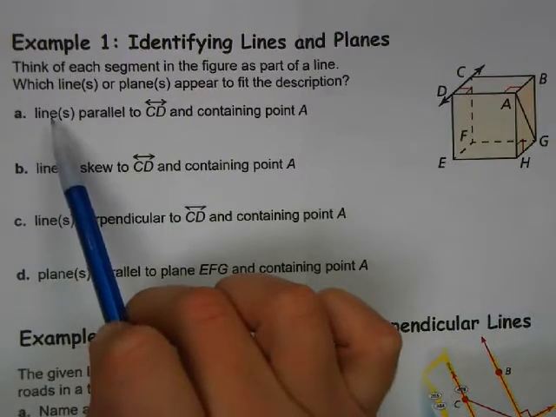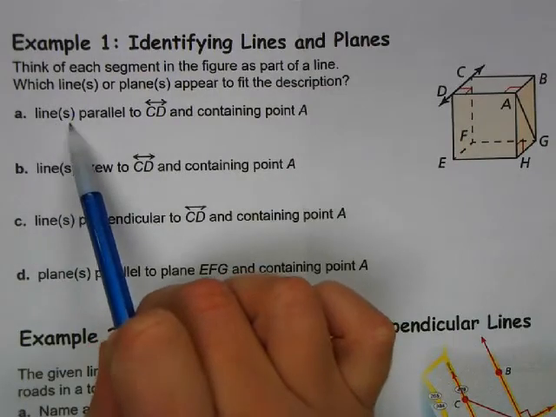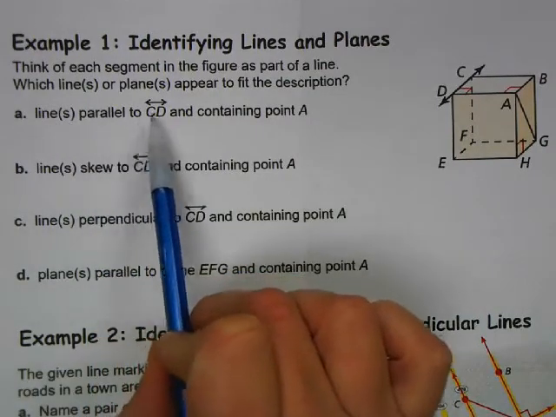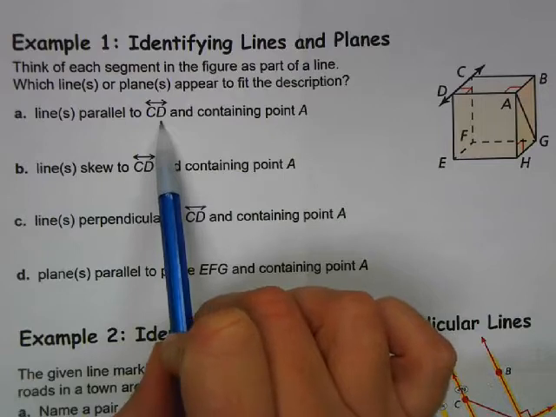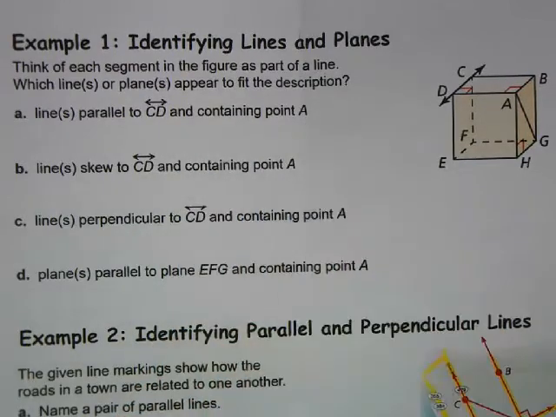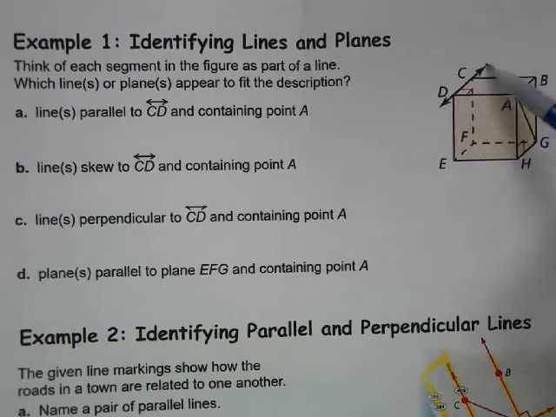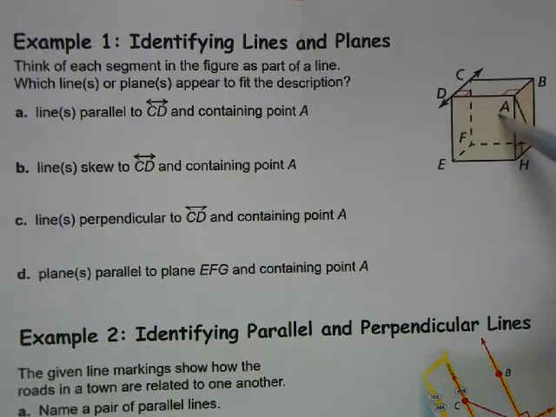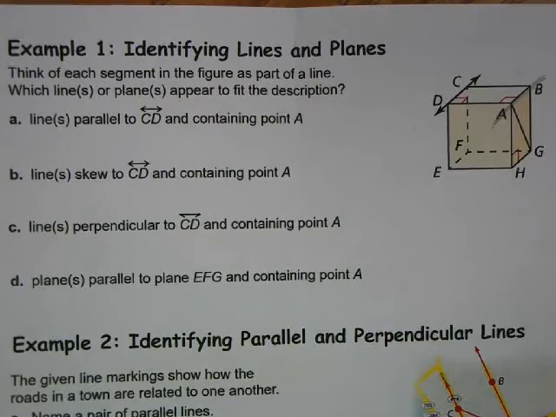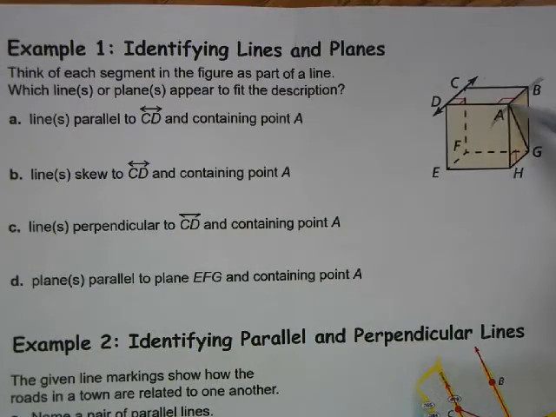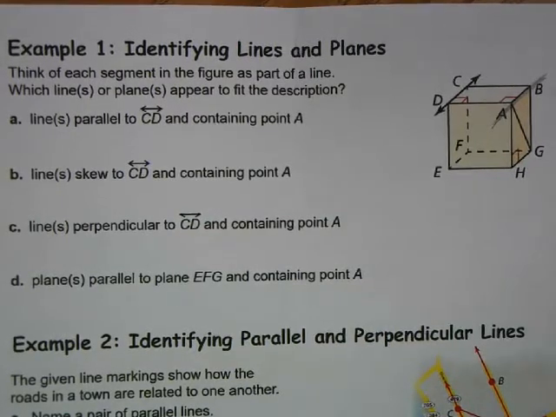So you have to give a line or lines that are parallel to line CD and contain point A. So look at where CD is. You need a line that's parallel to CD that goes through point A.